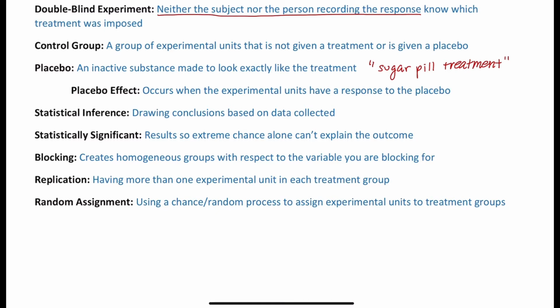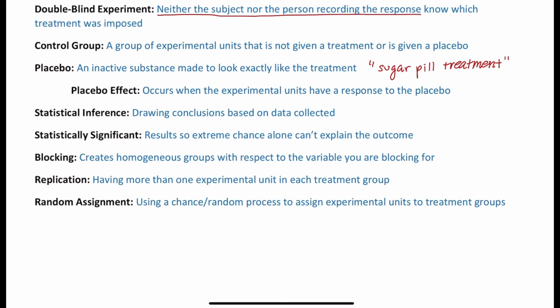Placebos are those sugar pills, things that the subjects think are the actual drug, but in reality it's not really a treatment, which then causes the placebo effect. So that is what happens when they have a response. They think the drug is working when it's just their brain telling them that it has to be because it is a drug, when in reality it is not.